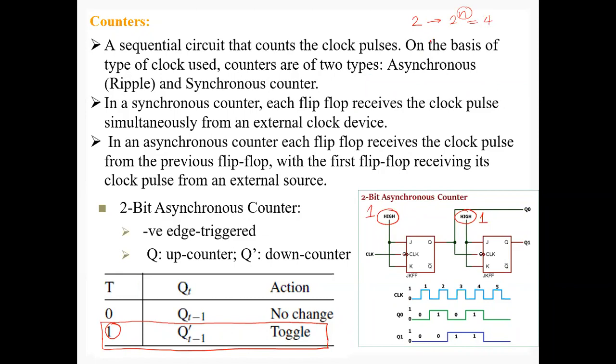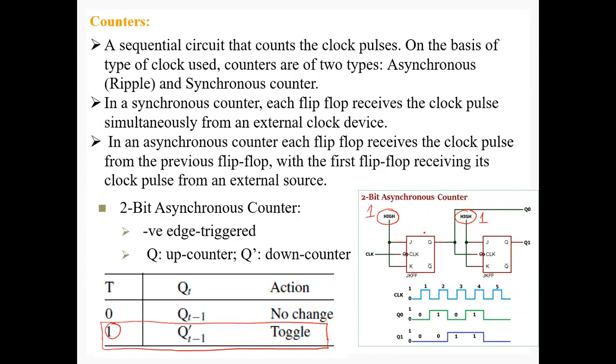Now take a look at this picture down here. We have two flip-flops, right? The maximum it can count is 4. Okay, so this is the diagram of a 2-bit counter. So it can count up to 4.